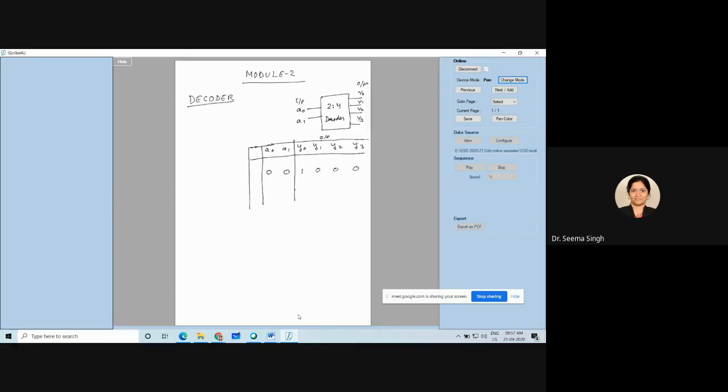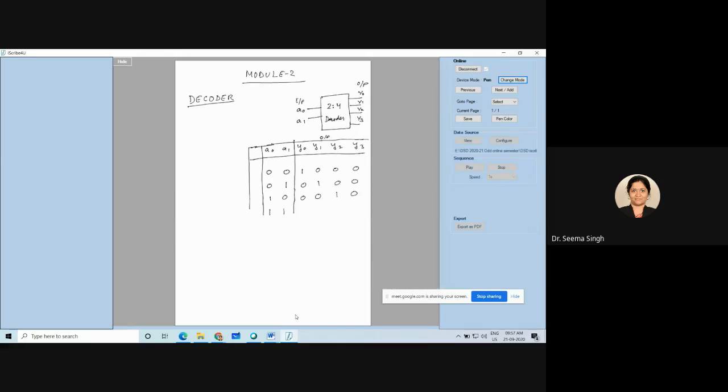Y0 will be high. And if it is 0, 1, your Y1 will be high. This is the logic. So this is how a decoder behaves. It is converting one form to the other form.